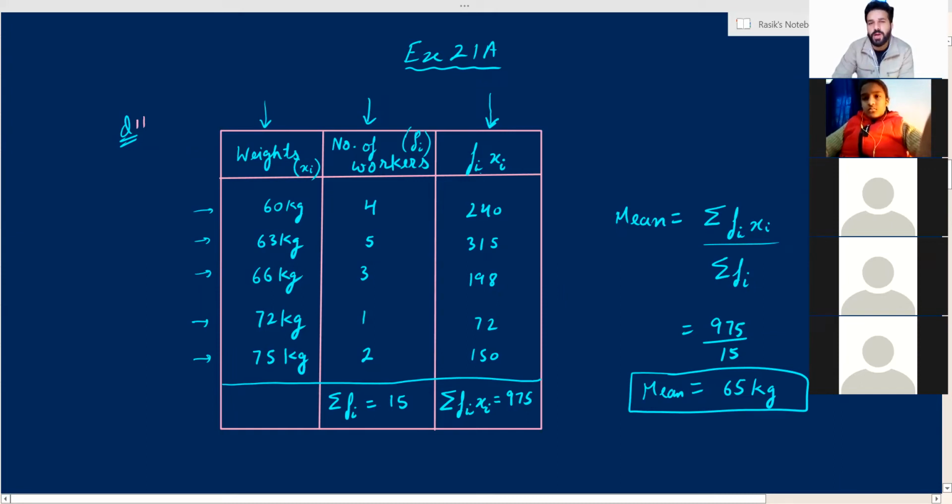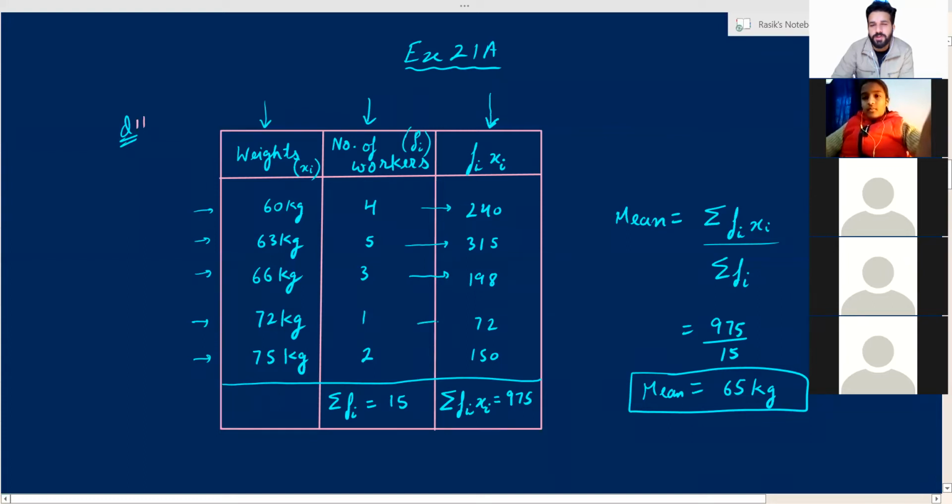It means the product of frequencies and observations. So 60 into 4, what is the product? 240, right? 63 into 5, we have to multiply, 315. 3 into 66, 198.